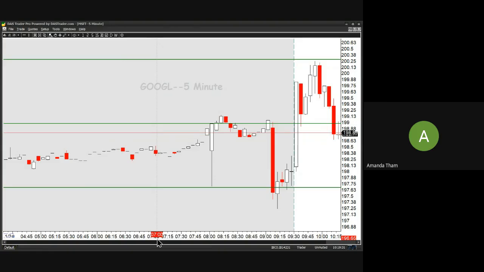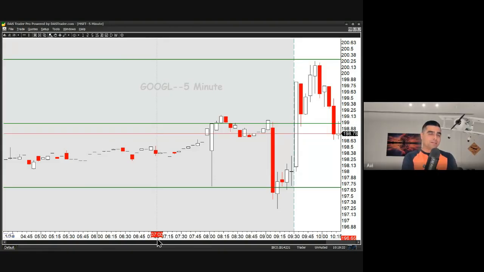Mm-hmm. Yes, definitely. That's what these levels are for. It's telling me where to look at the stock to possibly take an entry, and also at the same time where to exit to take profits. But again, it has to behave a certain way at a level, and only then there's an opportunity for an entry. There's an opportunity to go lose your money. Think of it that way.